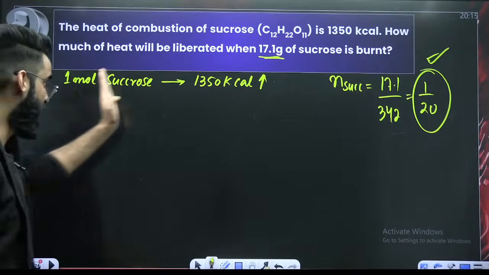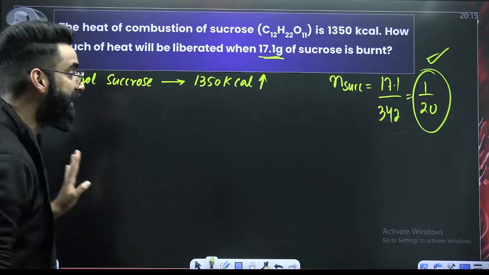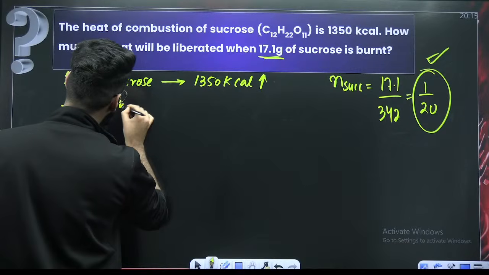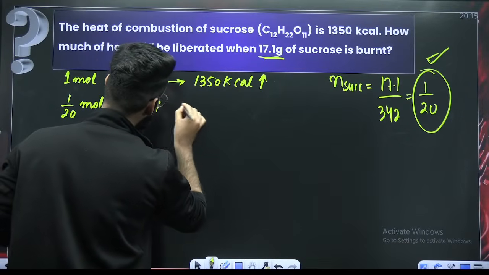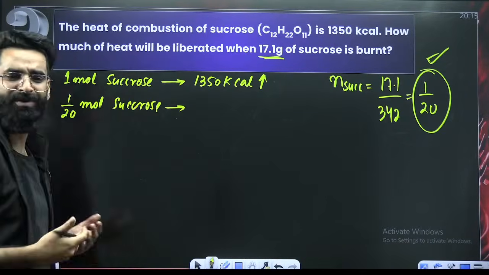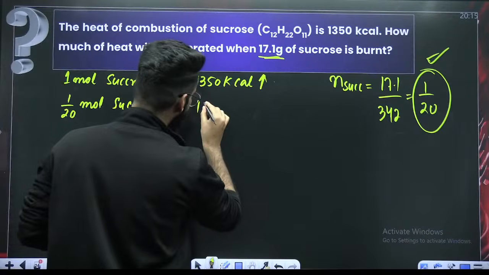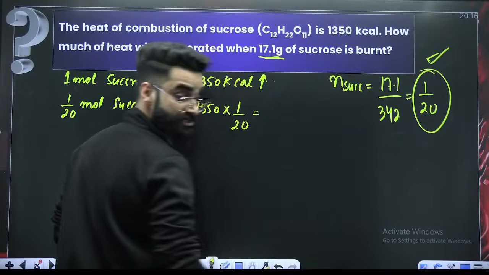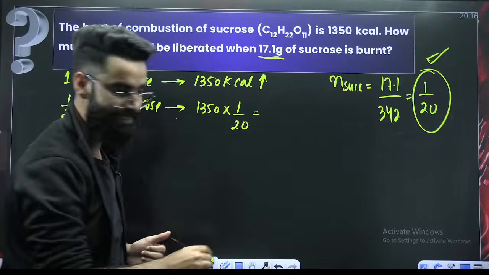We know when 1 mole of sucrose undergoes combustion, this much amount of heat is released. So when 1 upon 20 moles of sucrose undergoes combustion, how much heat will be released? I believe this will be 1350 multiplied by 1 upon 20. The value comes out to be how much? In the chats, people are saying 67.5.